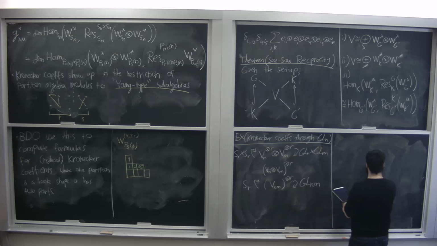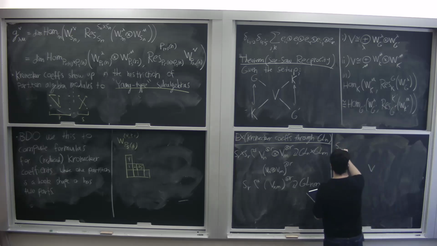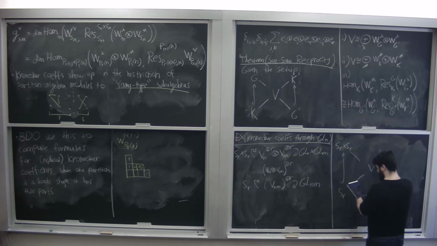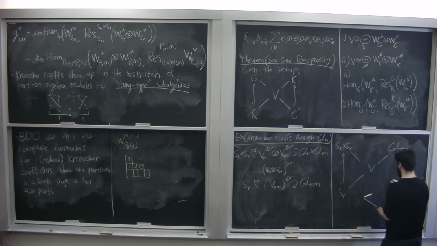And so now we have this space in the center. I have my SR cross SR restricting to this diagonal copy. Sitting on the opposite side is this GLNM restricting down to this GLN cross GLM.